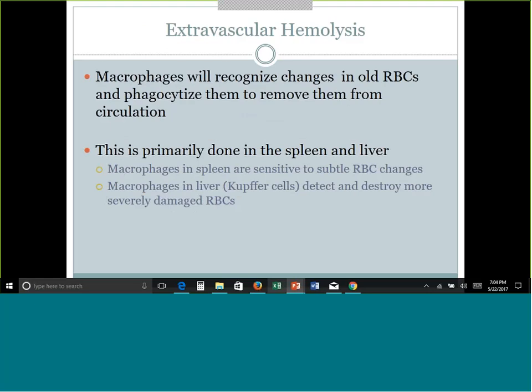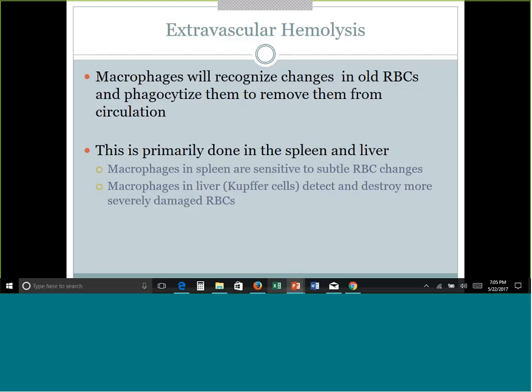All right, so we're going to start first with learning the extravascular hemolysis pathway, and then we'll dive into the intravascular. So there is a whole pathway process to this. With extravascular, this involves macrophages, usually in the spleen or liver, so it's outside of the bloodstream. Basically, these macrophages will recognize old red cells and take them out of circulation.